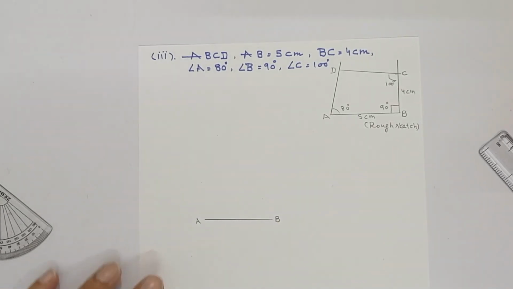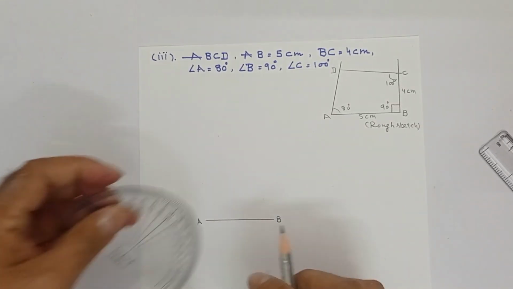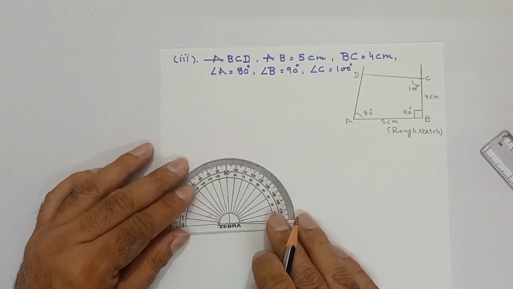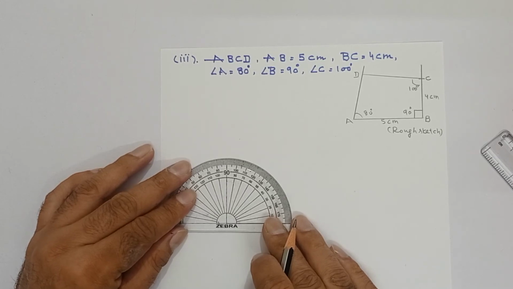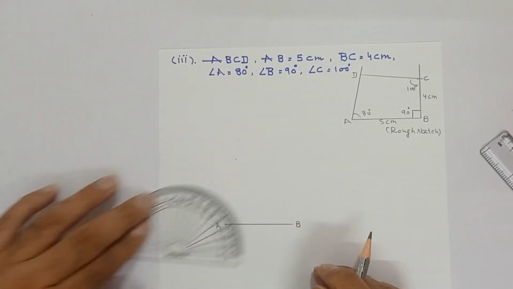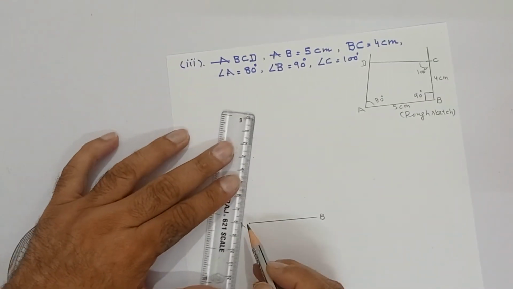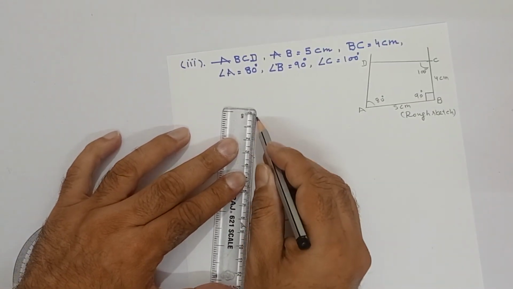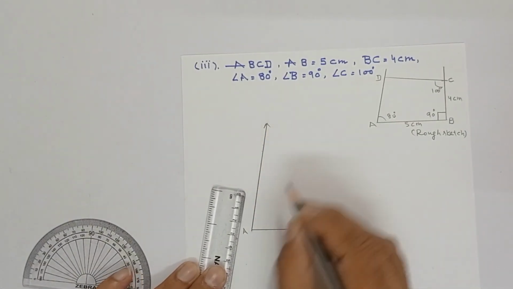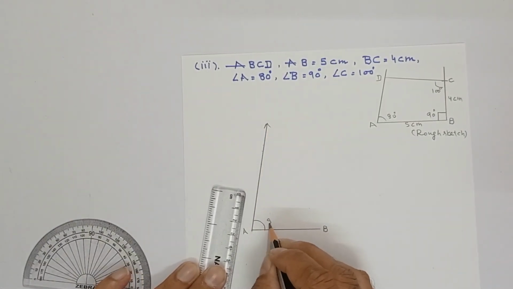At point A, you need to make 80-degree. 80-degree will be made with the help of protractor. This way. So 80 is this inwards. Extend this line as per the requirement. And this angle A is of 80-degree.